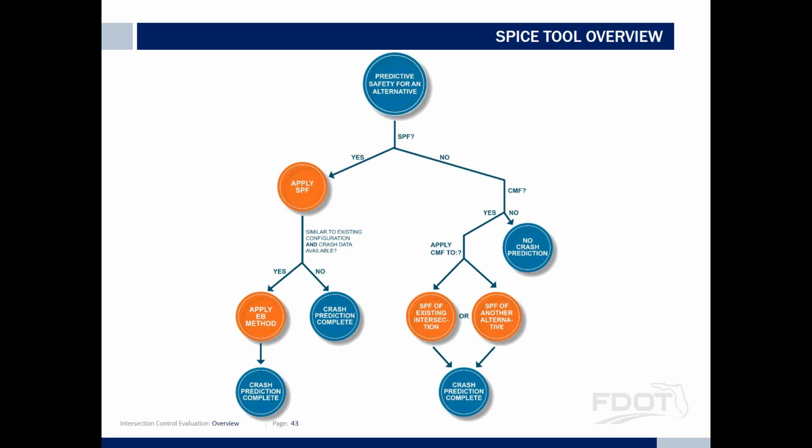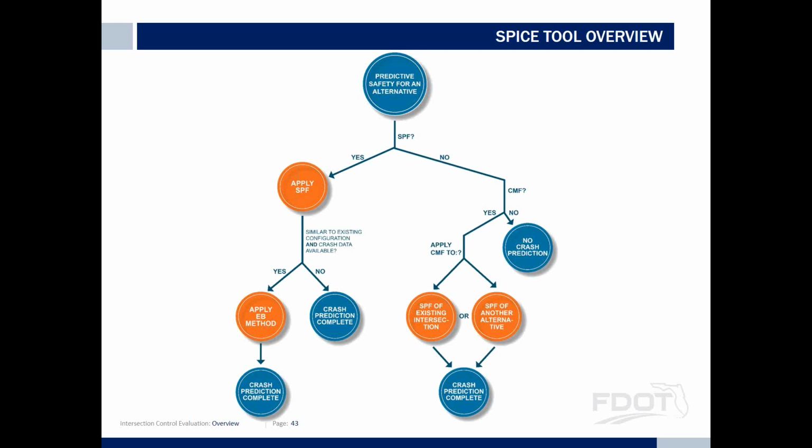That's the difference between the yes and no on the left-hand side. On the right-hand side, if you don't have an SPF, you use a CMF. You can use a CMF with no crashes, or if you do have crashes, you can apply the CMF and see the difference by using the crash modification factor. Either way, you can do the safety analysis, but preferably with SPFs.